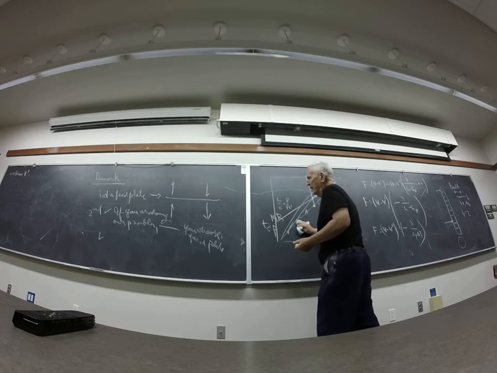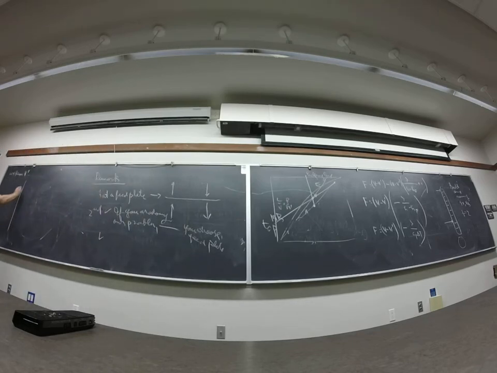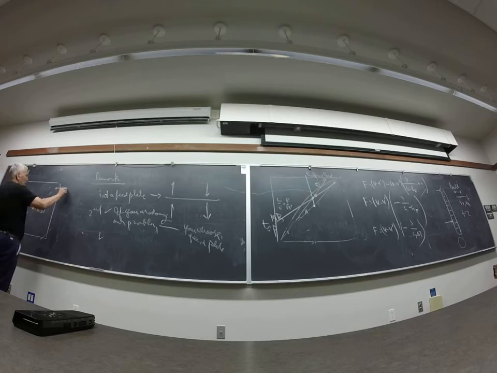Okay, here it is. Sometimes these things don't come out the way I want them to. Let's see. Okay, draw a line down here, slope R over R plus 1.